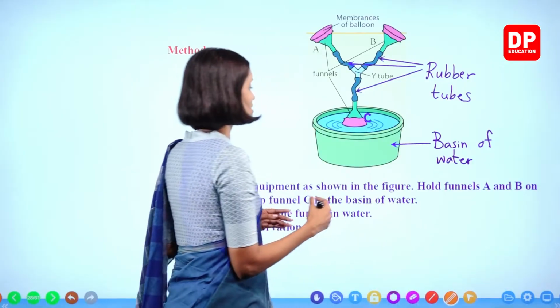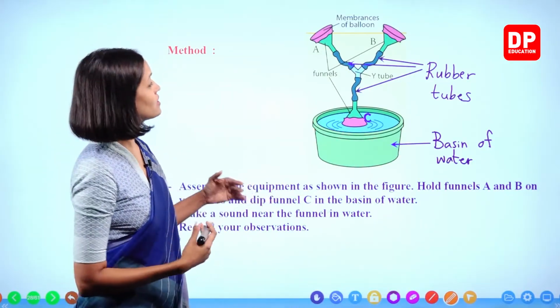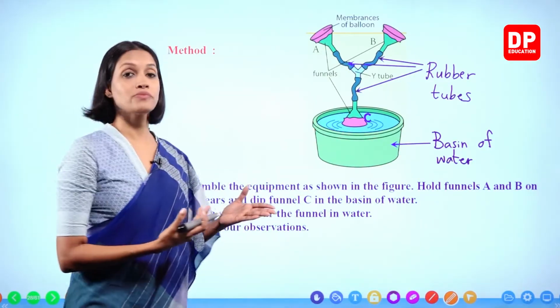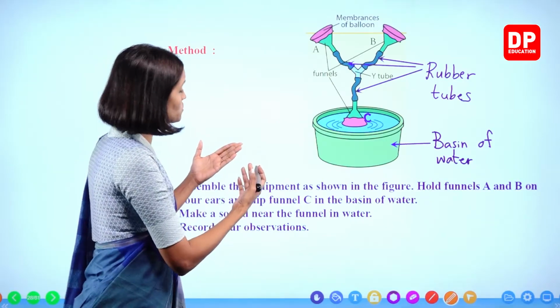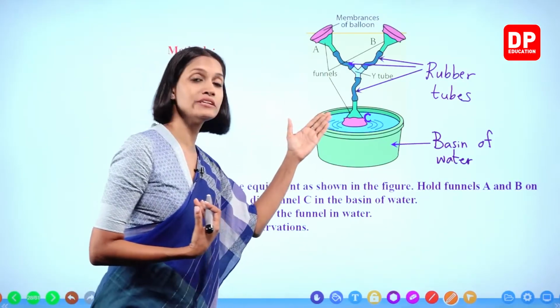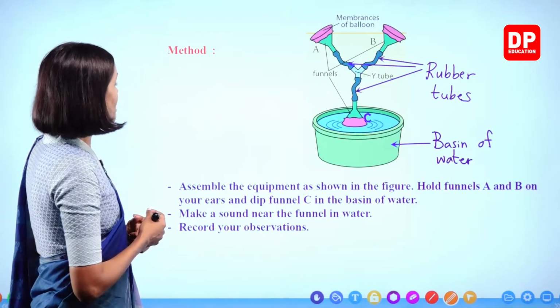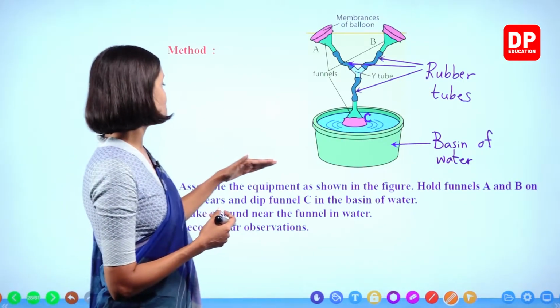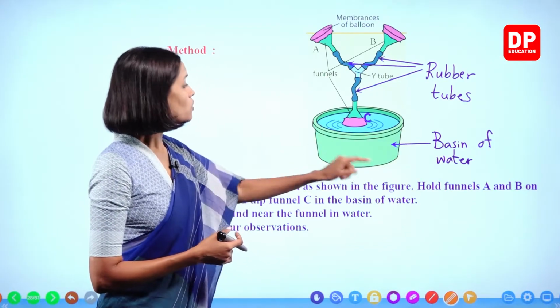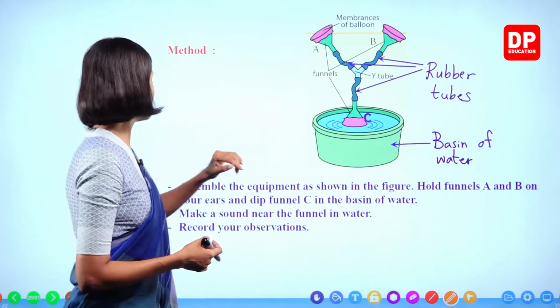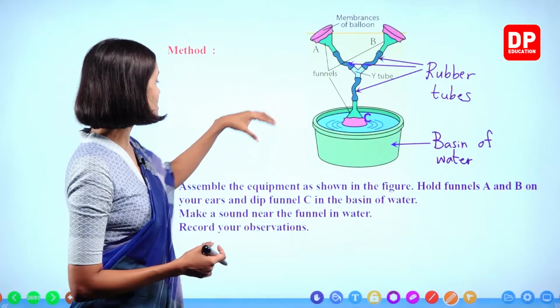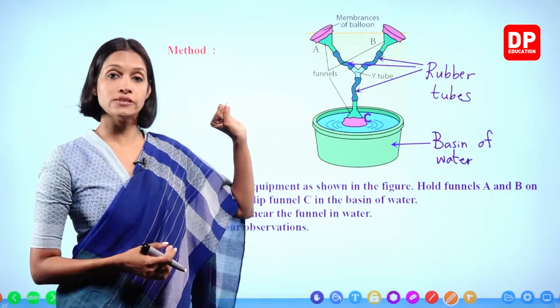So when you draw a diagram, it's very easy to understand what should be done. Okay? So when you draw a diagram, it should be a labeled diagram too. Right? Okay. So what do we have to do? Assemble the equipment as shown in the figure. Hold funnels A and B on your ears and dip funnel C in the basin of water.